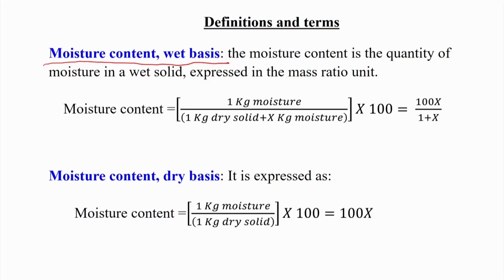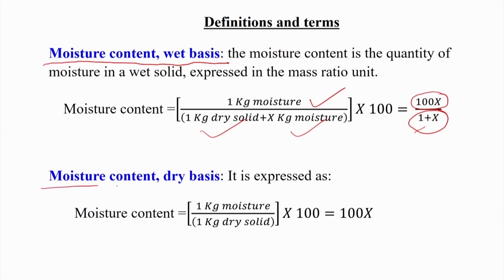In wet basis, the moisture content is the quantity of moisture in a wet solid expressed as a mass ratio. So, moisture content will be x kg moisture divided by 1 kg dry solid plus x kg moisture. Multiplying by 100 for percentage, it is 100 x divided by 1 plus x. Here 1 is the 1 kg dry solid and x is the x kg moisture.